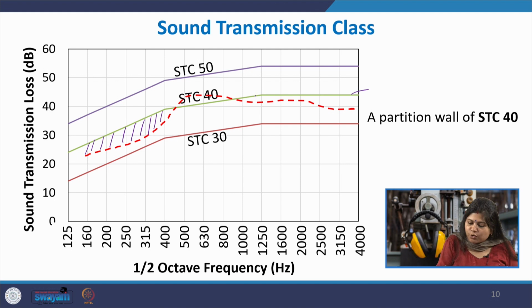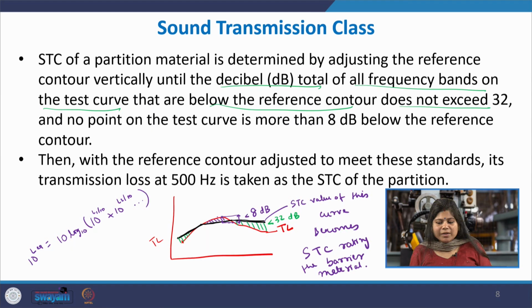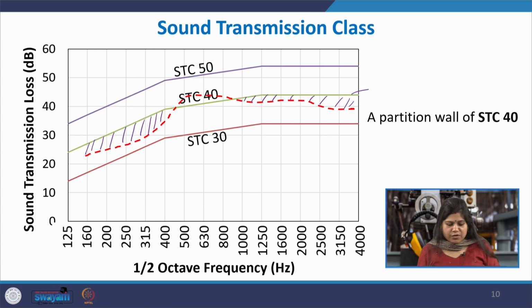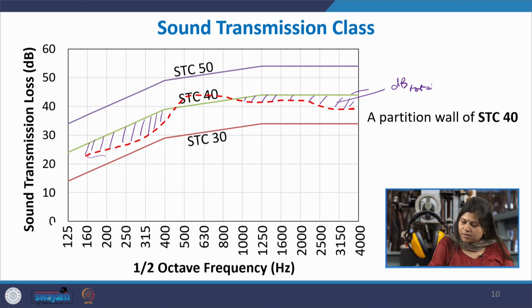and let us say at a certain point here, STC 20, the net values here: the dB total of all the frequency bands on the test curve that are below the reference contour, which are these values, should be smaller than 32 decibels, and this is the highest value which is above the reference contour.